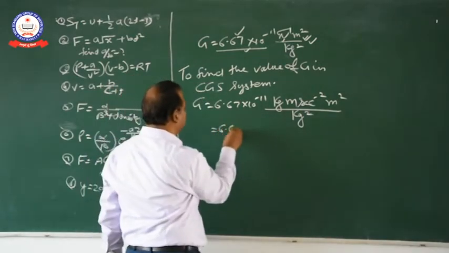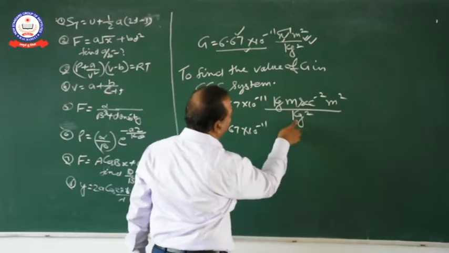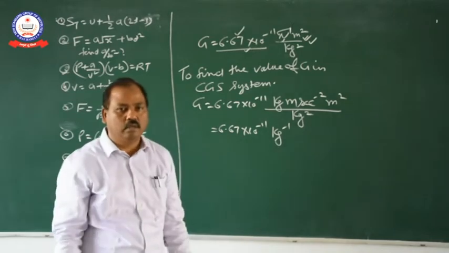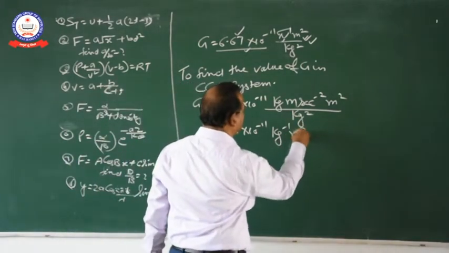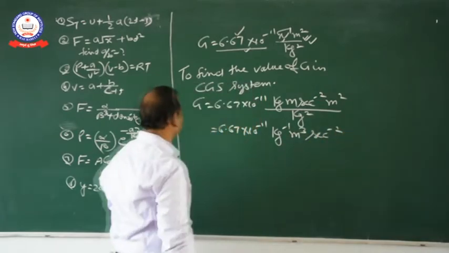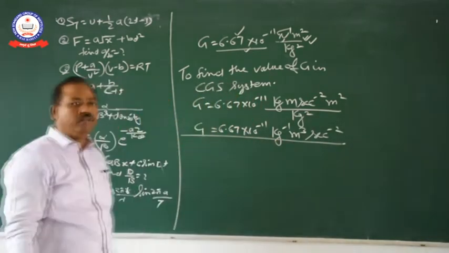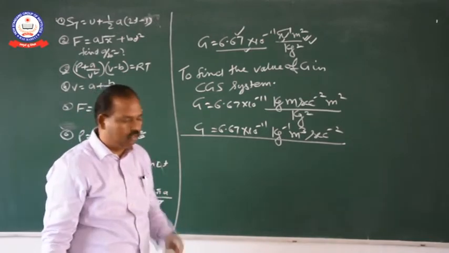So G is 6.67 into 10 raised to power minus 11 kilogram inverse, meter cube and second raised to power minus 2. This is the given value in your question, correct?